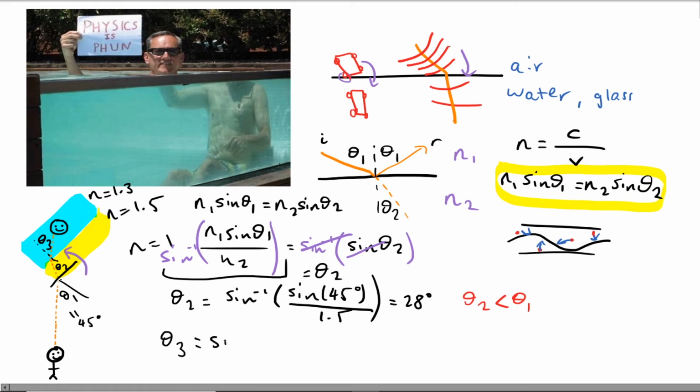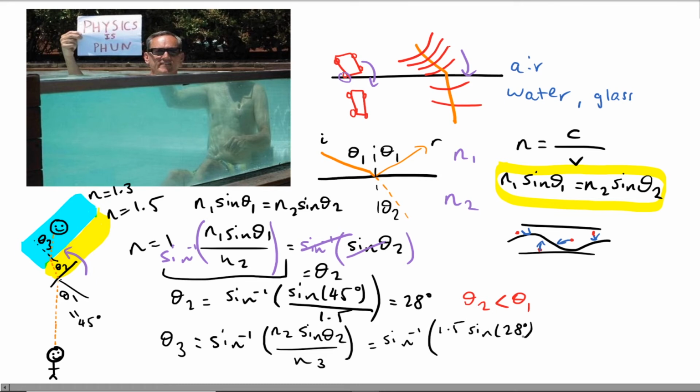And if I put my units in now, I'm using n2 sine theta 2 over n3, which is sine inverse of what? n2 was 1.5, theta 2 was 28 degrees, and n3 is 1.3. When I put this into my calculator, I get about 33 degrees.